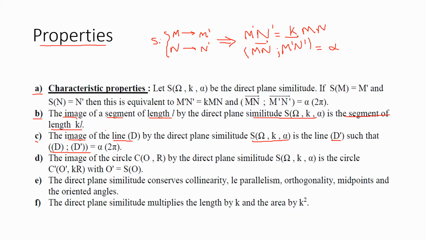But dilation, the image of a line is a line parallel to it. In the rotation, the image of a line is a line making an angle alpha with the other line. The same, by similitude, the image of a line is a line D prime making an angle alpha with the line D. أستاذ يعني هذا similitude مثل rotation. هو composite of a rotation and a dilation.